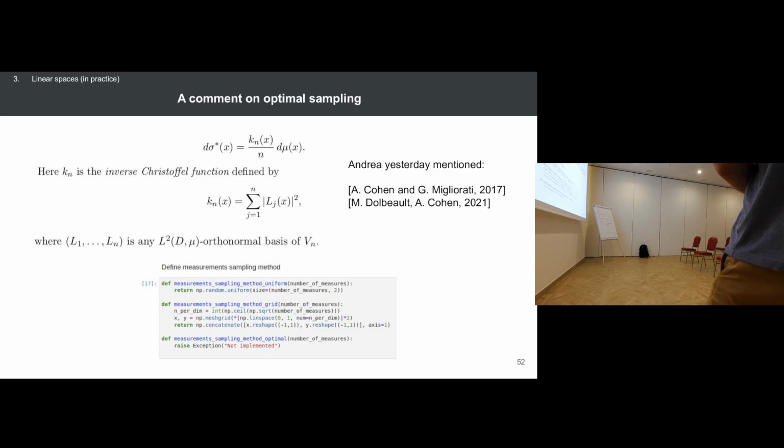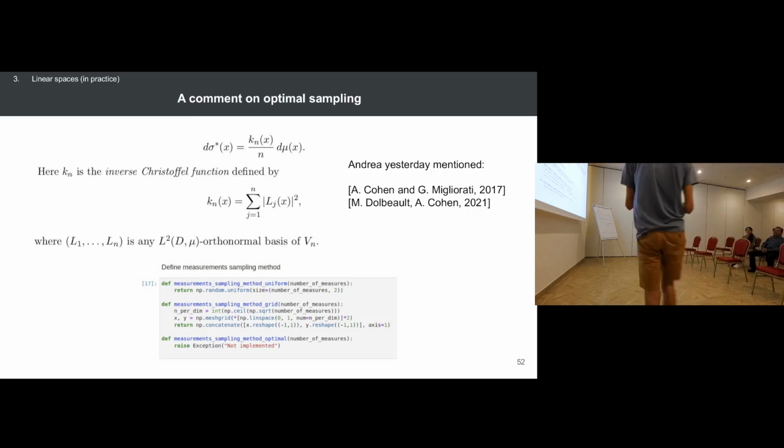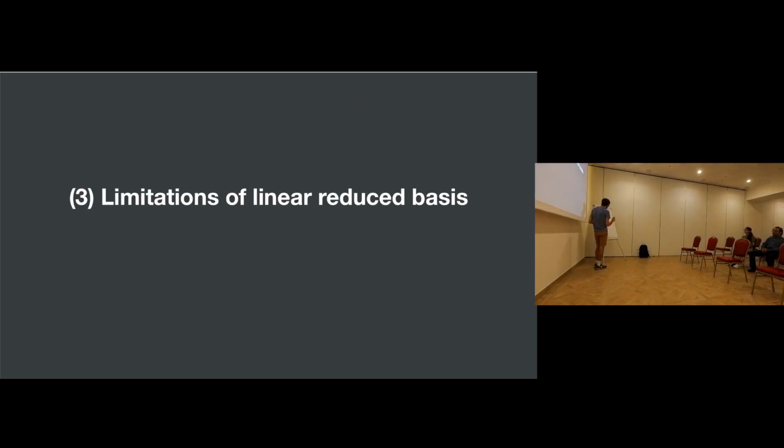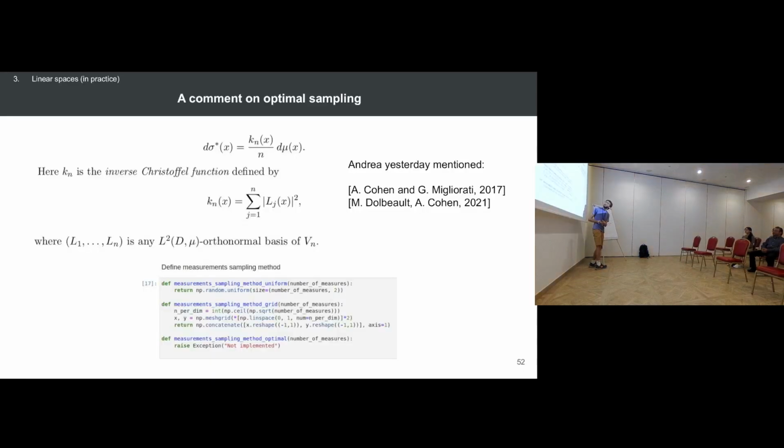So this function here is called the inverse Christoffel function. It's just the sum of these elements, and these elements are the orthonormal basis built on the L2 space. So I will just draw something here to have an idea of what it means. Imagine you have your basis that you build.